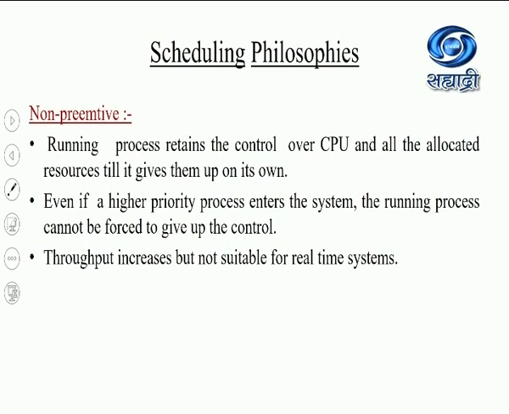In this case, throughput increases, but it is not suitable for real-time systems, as if some urgent process comes in, the CPU first completes the process which it is executing, and then only the higher priority process will get attention. So this is not suitable for real-time systems.